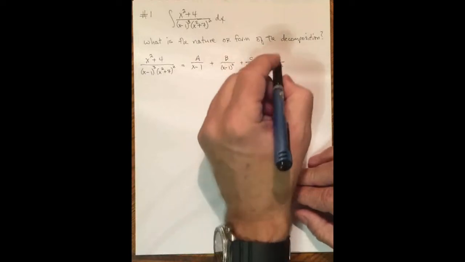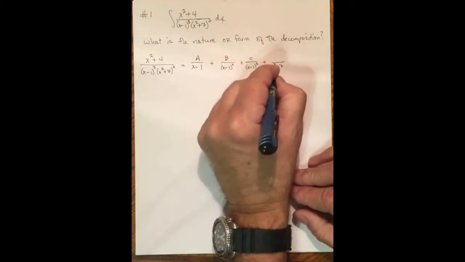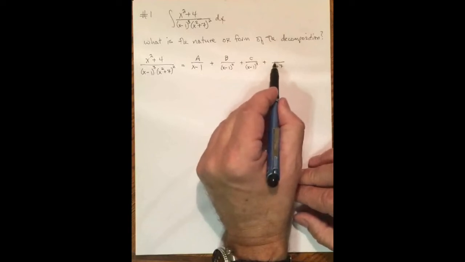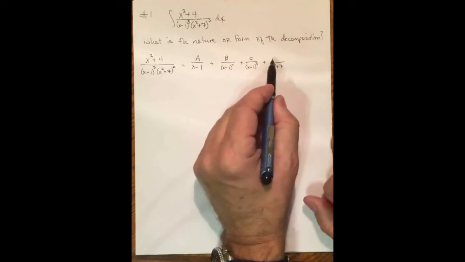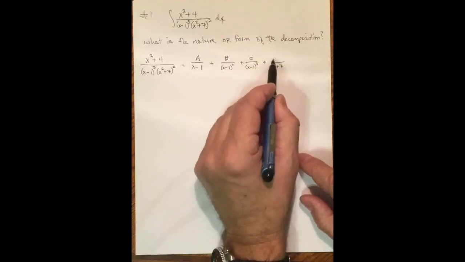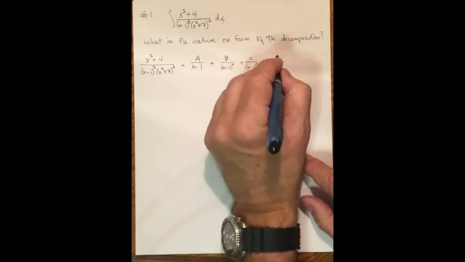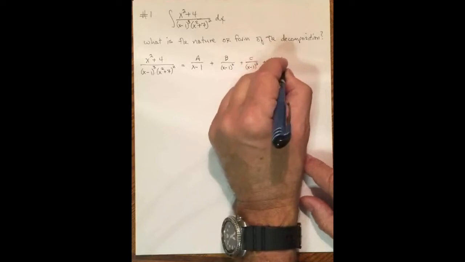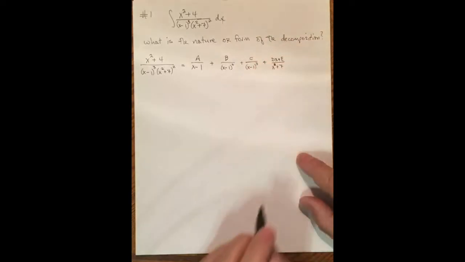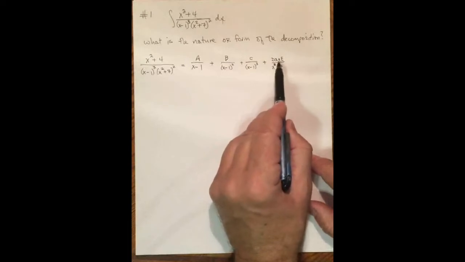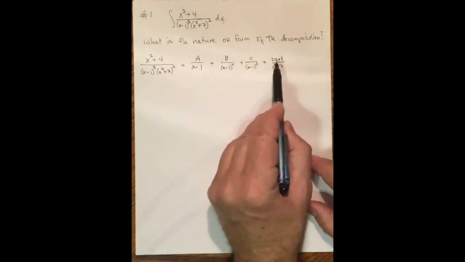And then in the numerator, what we must have is the most general polynomial that is exactly 1 degree smaller. Well, if this is degree 2, then this has to be the most general polynomial of degree 1, and that's going to have the form d times x plus e. So this is the most general form of a polynomial of degree 1.